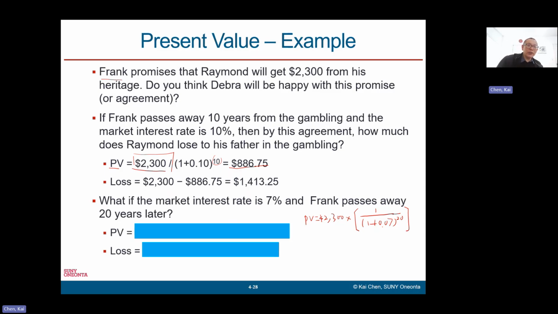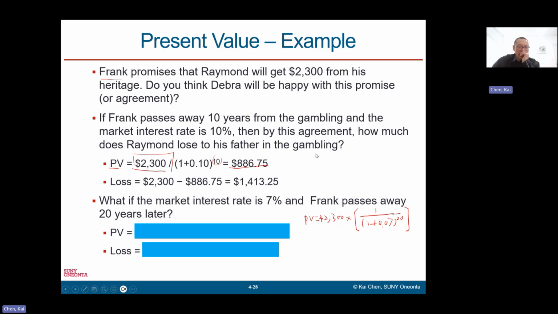Now we're going to operate a calculator. First of all, we calculate the present value factor. After we get the present value factor, we multiply it by $2,300. Then we get the result.